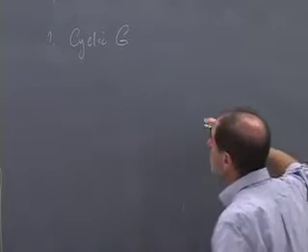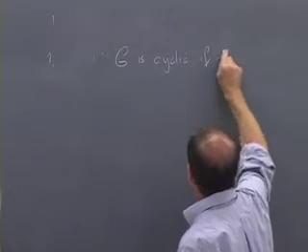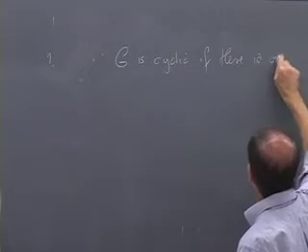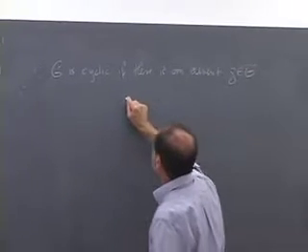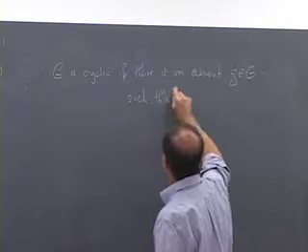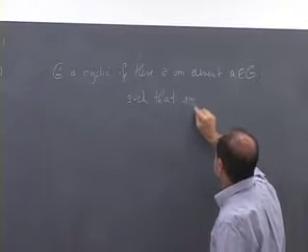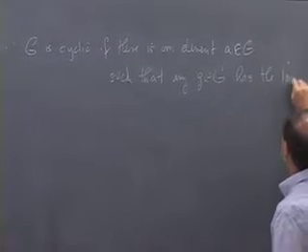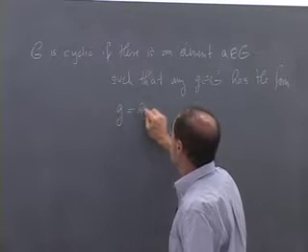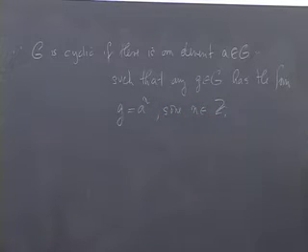G is cyclic if there is an element, let's call this element A maybe, the generator, in G, such that any g in G has the form g is equal to A to the n, some n in Z. So any element is some power of A. Such A's are called generators.